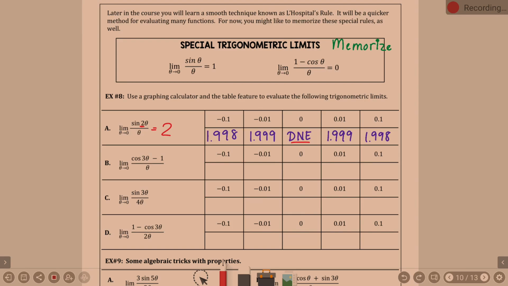Can I make a prediction that this next one is going to be -3, potentially? You can predict all you want. Okay, you ready for my values? Yep.